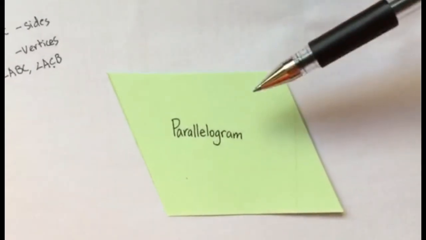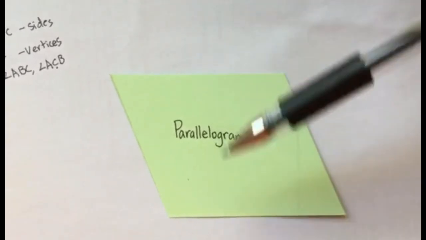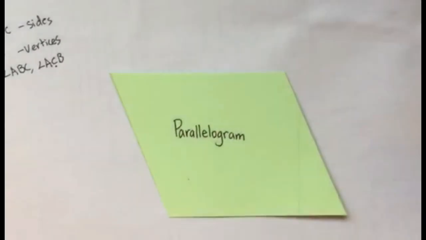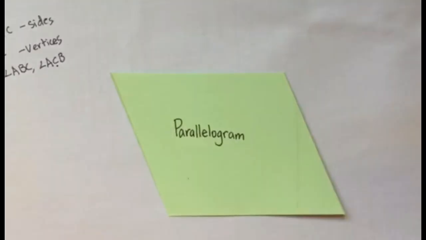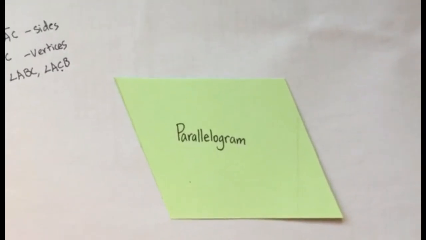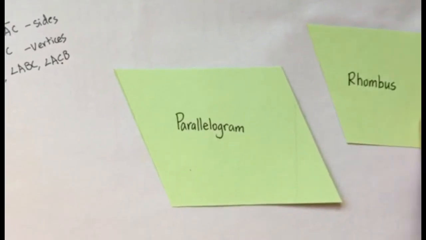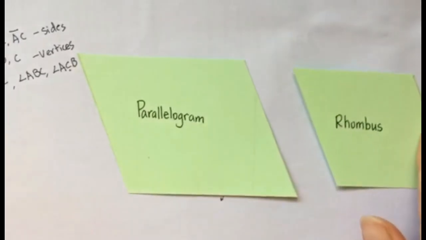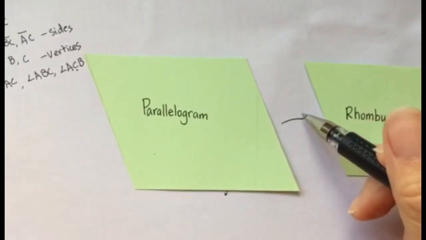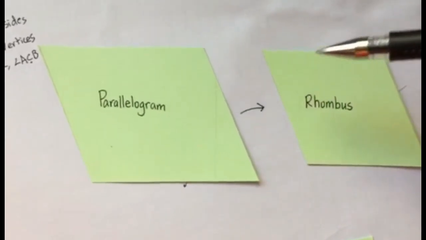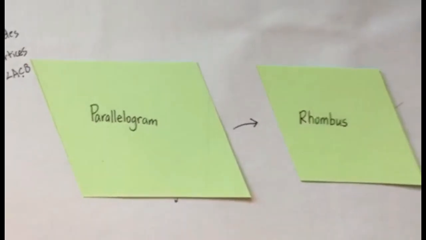And if the four sides of the parallelogram happen to be the same, they have a specific name. They are called rhombus. So a rhombus is a parallelogram that has four equal sides.